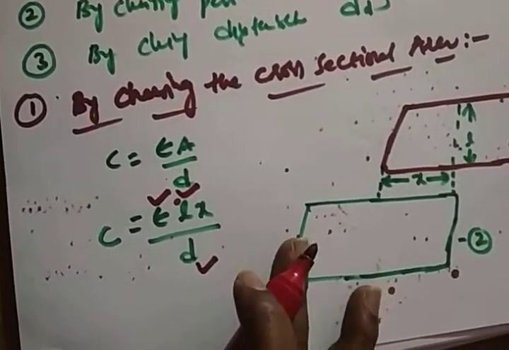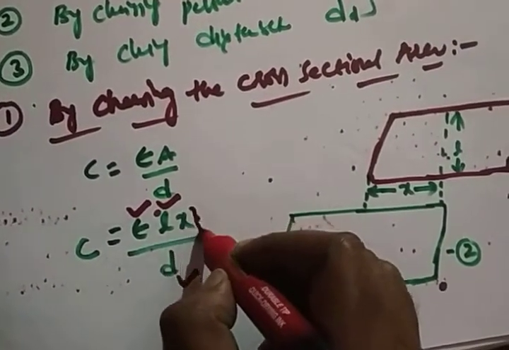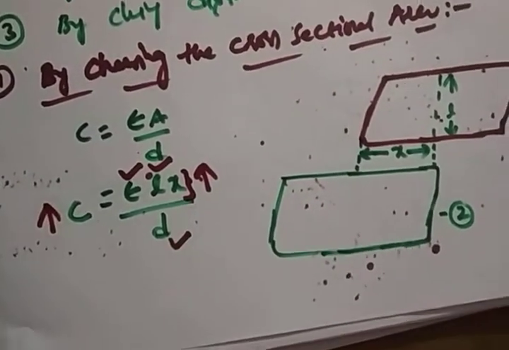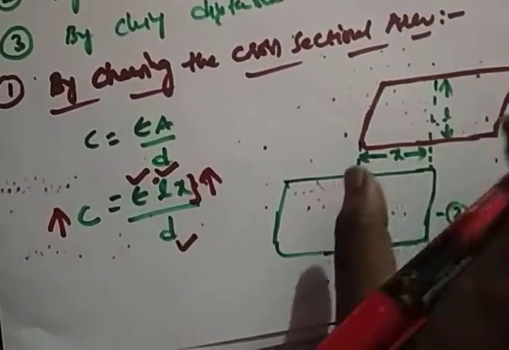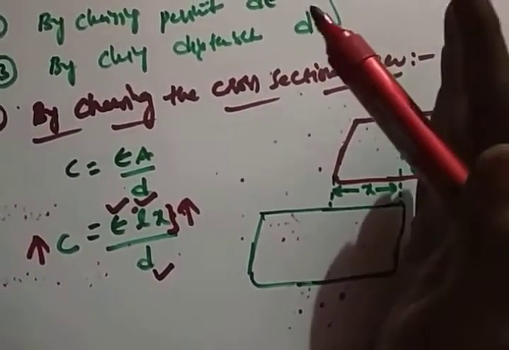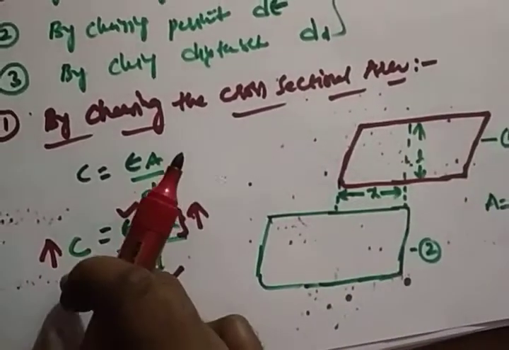You are varying x, so as the x value increases, the C value increases. By using a displacement you are changing your x value, and the capacitance will change.